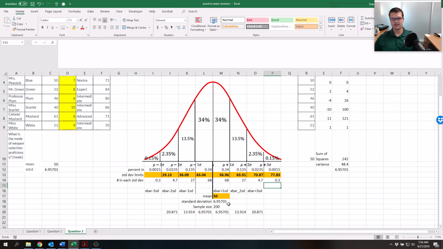Okay, so if I ask you how many people are going to be above 50 years old, you just find 50 right here, and then do equals sum, and add up all the individuals that are greater than 50. So this is 100 people greater than 50. Now, if I were to say how many people are older than 56.96 years old, equals sum of all these people right here.